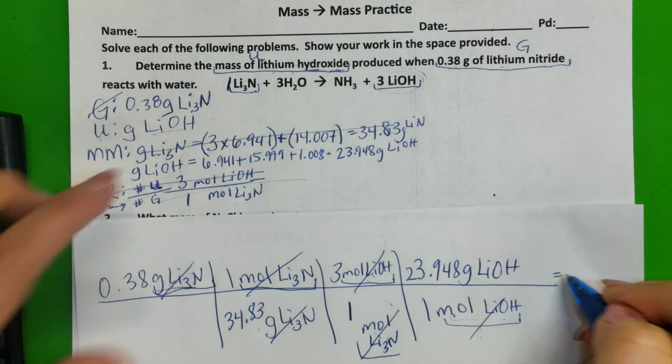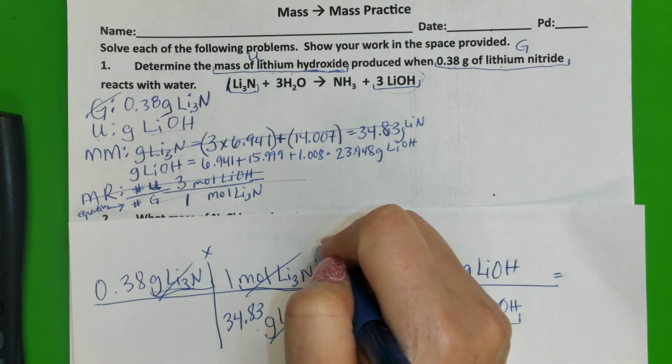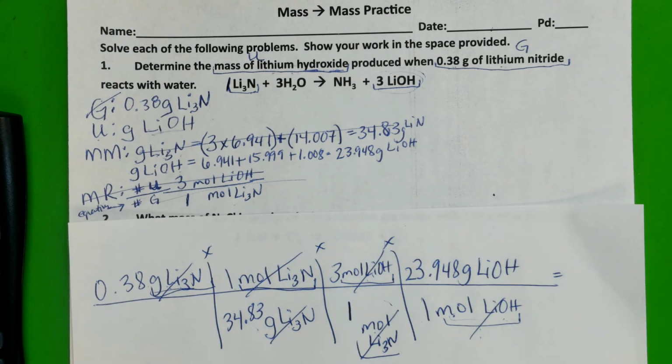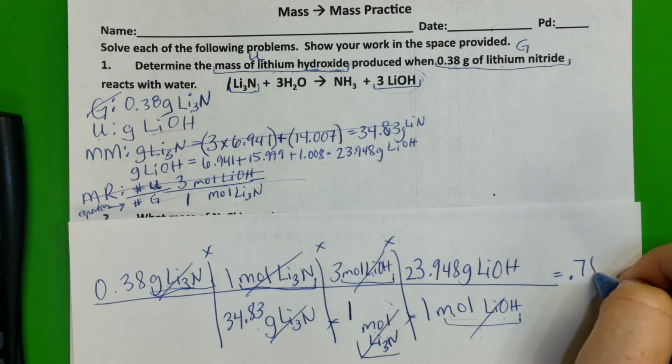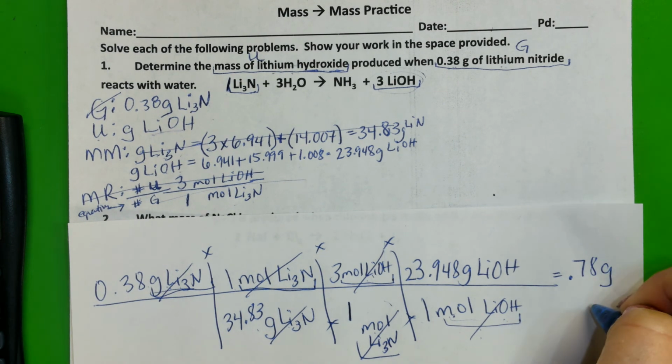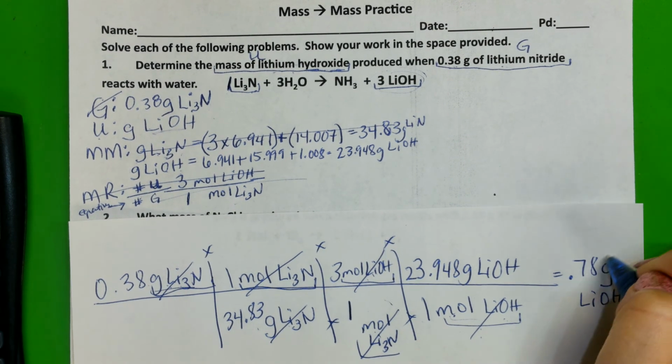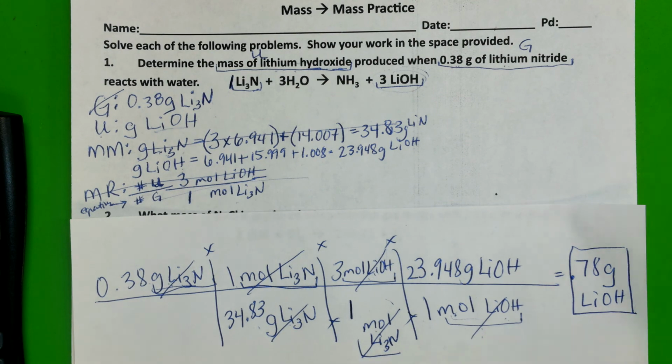Basically, when you multiply across the top, and then multiply across the bottom, that should give you 0.78 grams of lithium hydroxide.